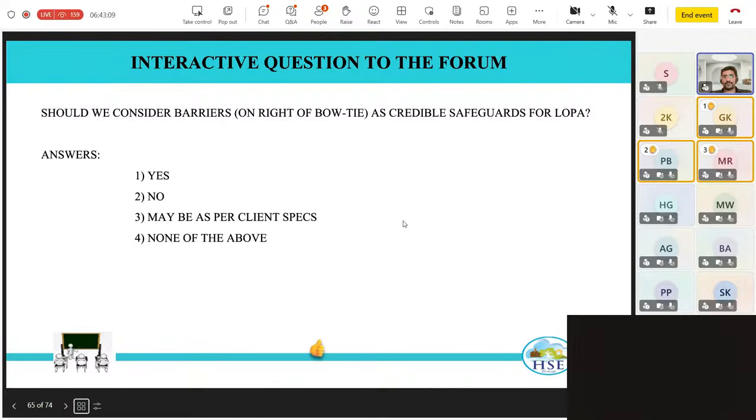So it is not adding fuel to the fire. Although this incident has happened, it is not exacerbating the incident by increasing the quantum of inventory or hydrocarbons adding to that system. So essentially, in this scenario with the second client, where he has configured it to cut off the supply of hydrocarbons either through the ESD valve or by tripping the pump, we should be considering that as a credible protection layer.